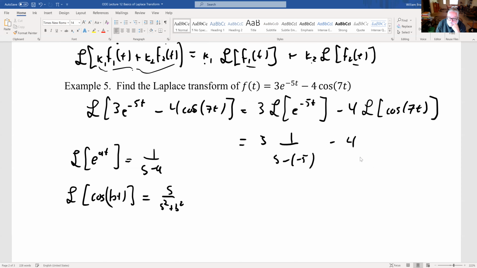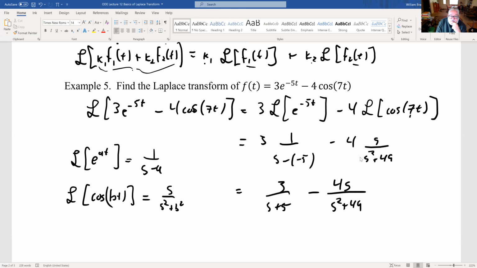So this is minus 4 times s over s squared plus 49, because 7 squared. So we get 3 over s plus 5 minus 4s over s squared plus 49.